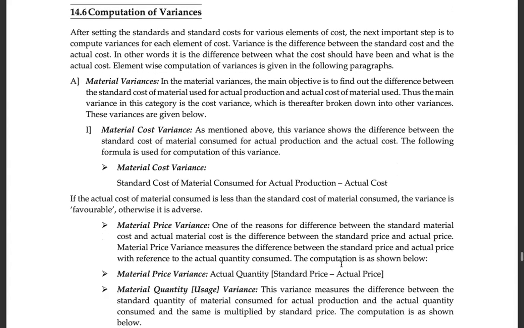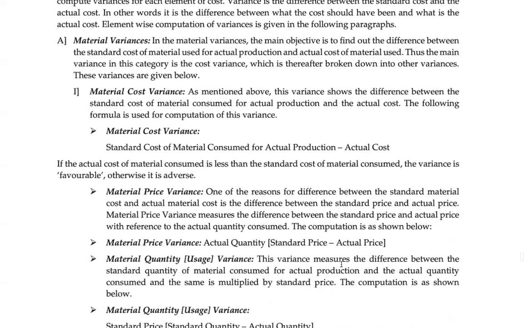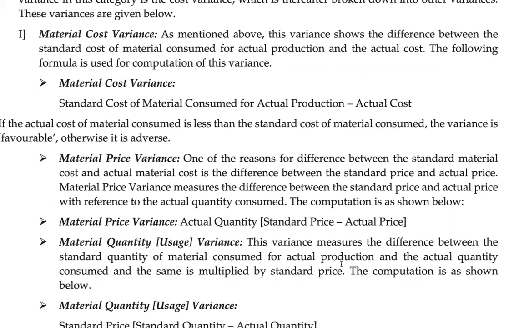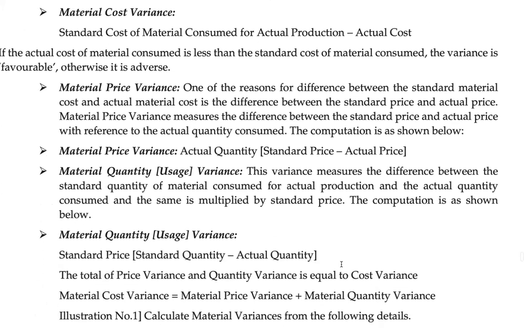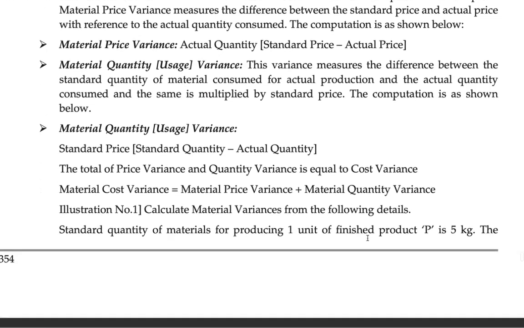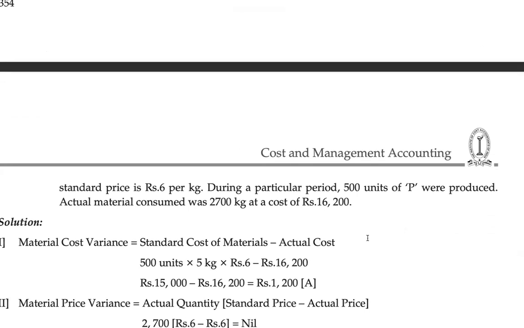Material cost variance is understood or calculated in three ways. Material price variance, material usage or quantity variance, then you have material mix variance.